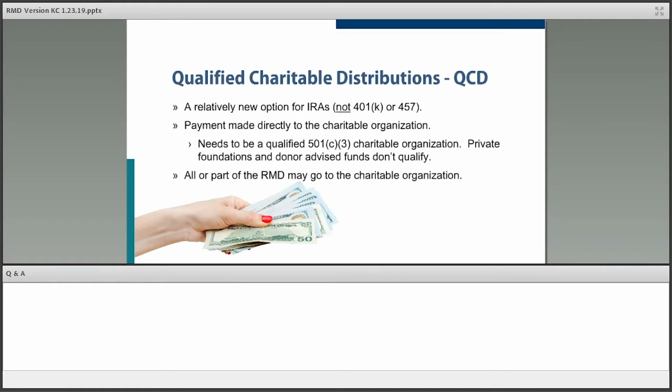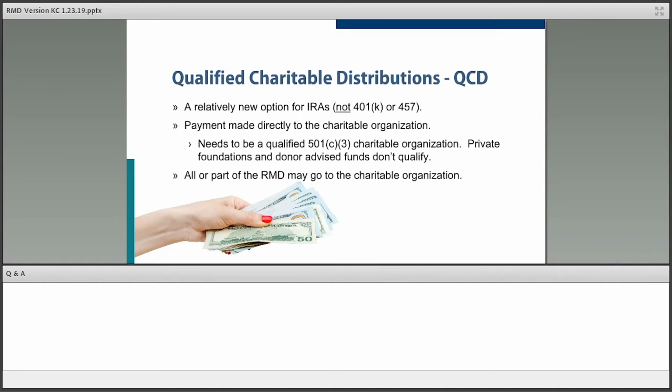A qualified charitable distribution is where you can take your minimum distribution from a traditional IRA account, not a 401k or a 457 account, it must be a traditional IRA account, and you can have a payment made directly to a charitable organization.